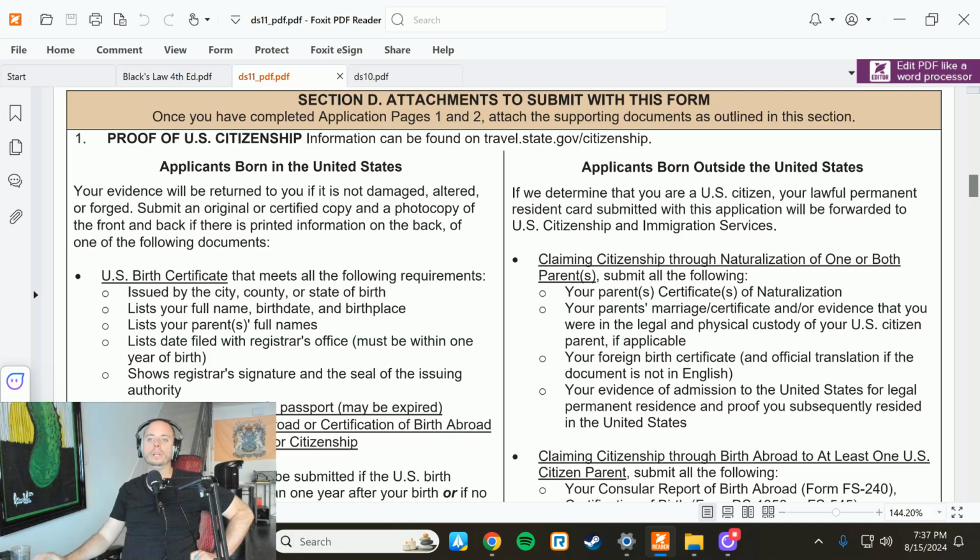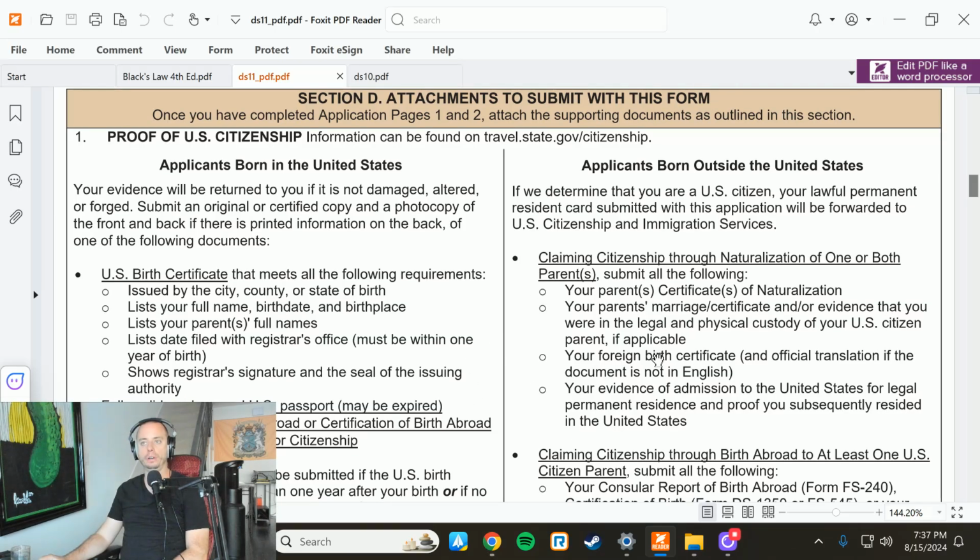If you want to go full renegade, full vanguard, you're going to go into all this other stuff, foreign birth certificates, create your own foreign birth certificate. I don't know. Write it in French and send it in. Certificate of naturalization for your parents, make it up. I don't know.